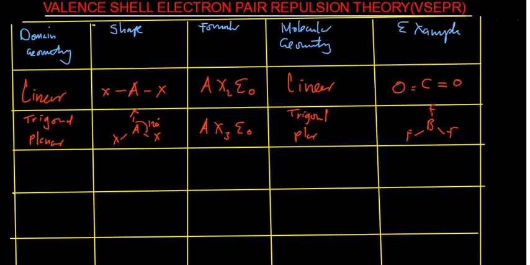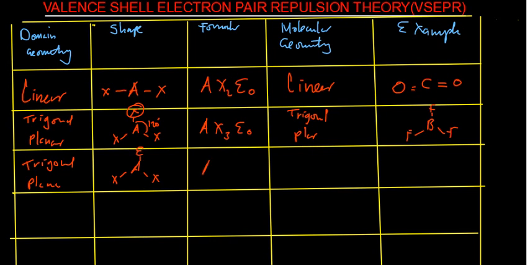Alright. So another form we can look at is where the domain geometry is trigonal planar, but one atom has been substituted by an electron pair. So what we have is our A, that is still an atom, that is still an atom, but on top, instead of having an atom, we have a lone pair of electrons.